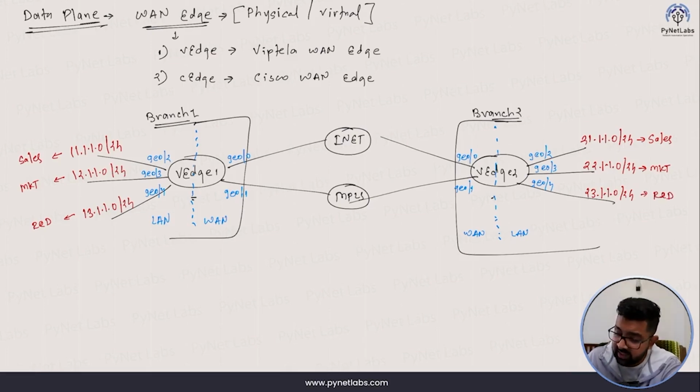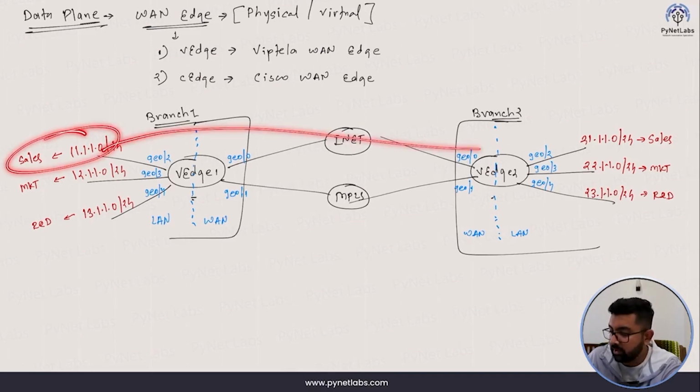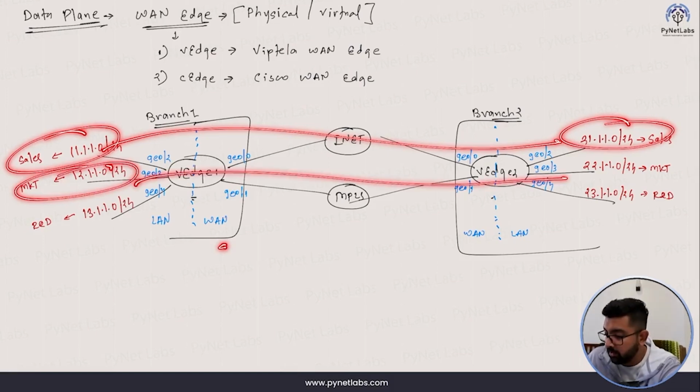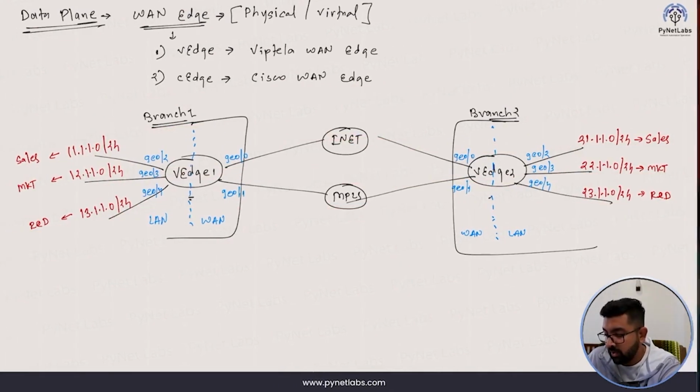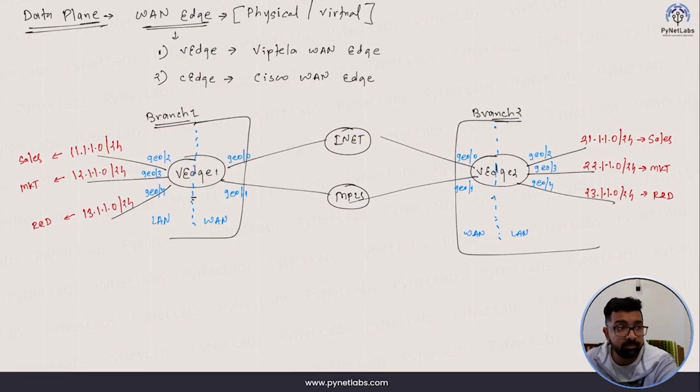So if the sales department wants to communicate with the sales department on the other end, the marketing department wants to communicate with marketing on the other end, and R&D wants to communicate with the R&D of the other end. All this communication will flow inside the IPsec tunnel that will be formed between the WAN edge devices. But there is also an important aspect that you need to consider here.